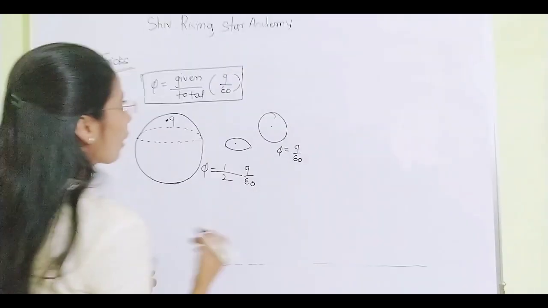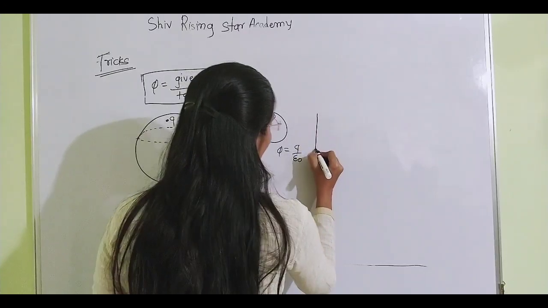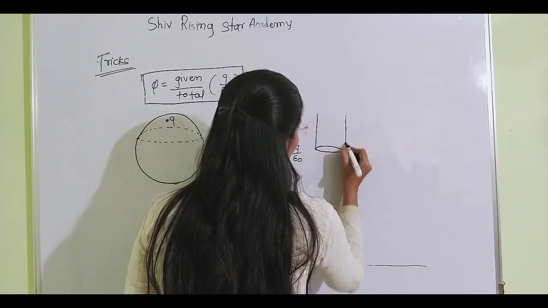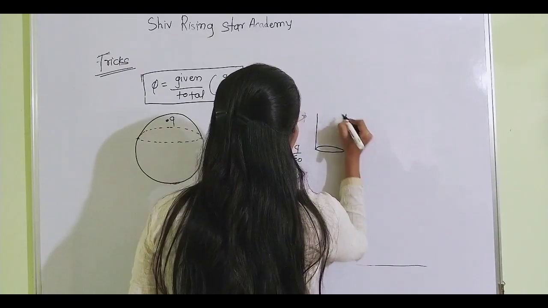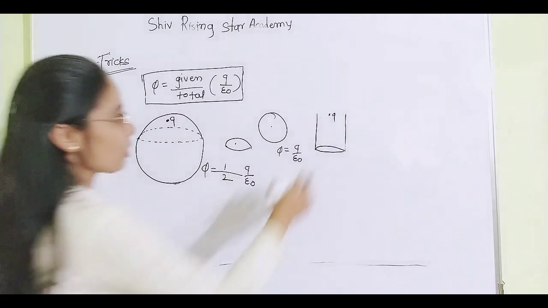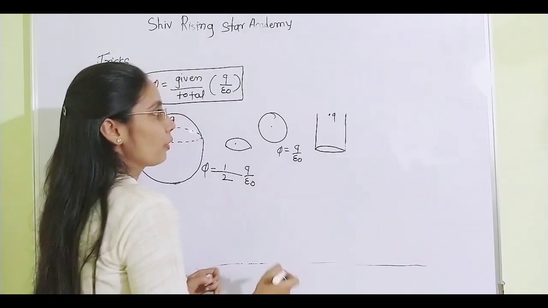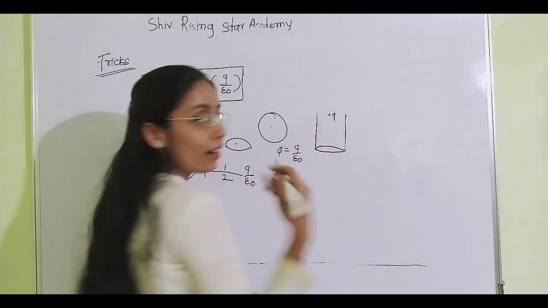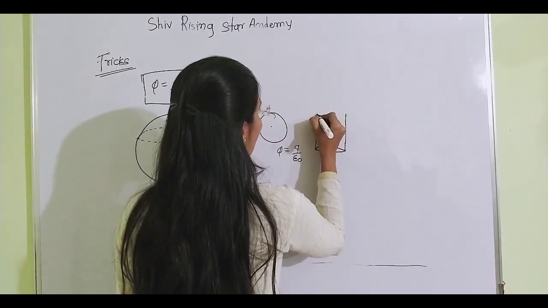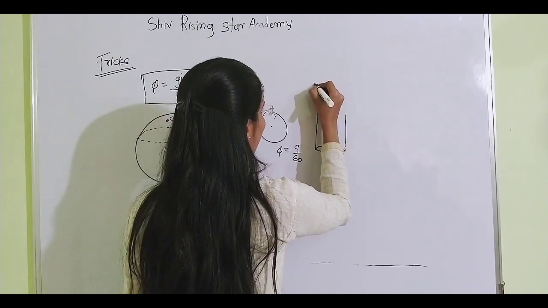Similarly, for another shape, suppose this is a cylinder, and this is half the surface of the cylinder, and this is the charge q. For complete enclosure of this charge, we require another similar surface.